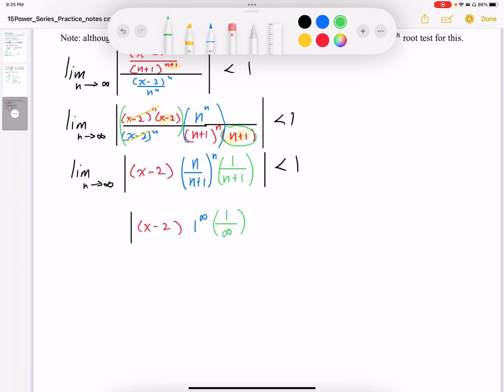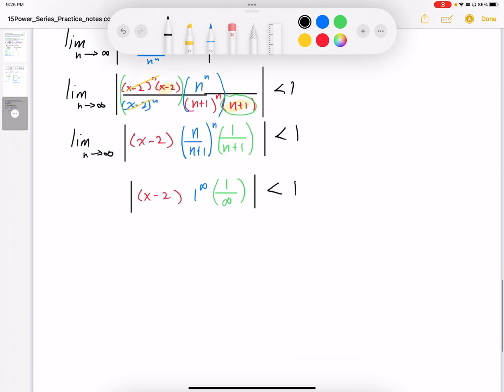So that factor is going to end up being equal to 0, and that's less than 1. What we end up having here is x minus 2, which I'm going to keep, times 1 divided by infinity as a times 0. And then that needs to be less than 1, and greater than negative 1.